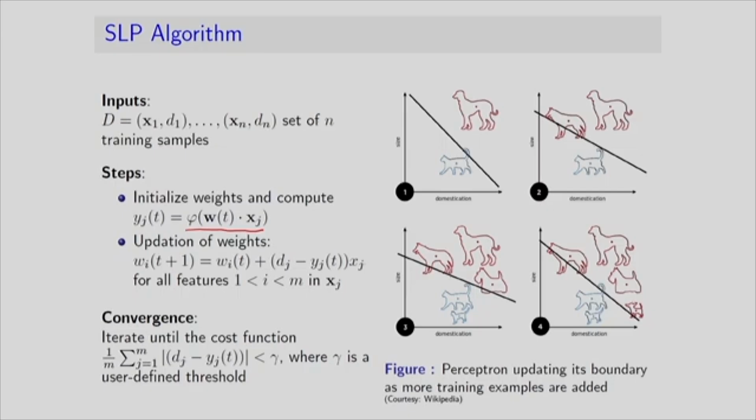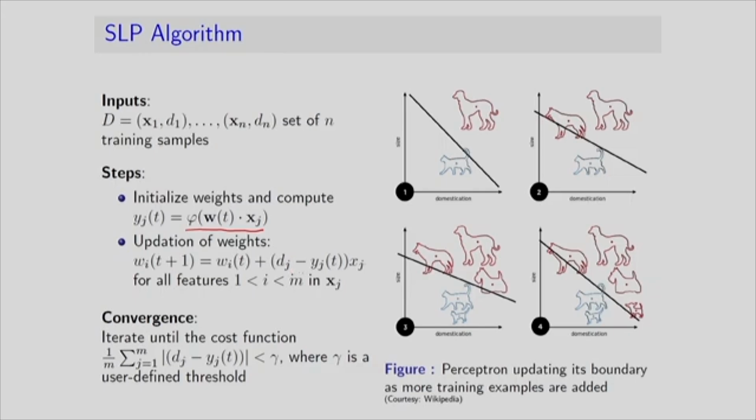After this we have to update the weights. The weight wi(t+1), that is the weight in the (t+1) iteration, is equal to wi(t), the weight in the t-th iteration, plus we are considering the error. The error is nothing but the desired output minus the actual output.